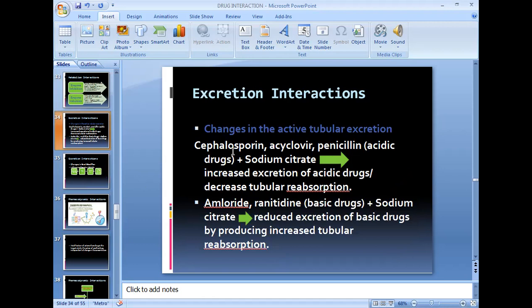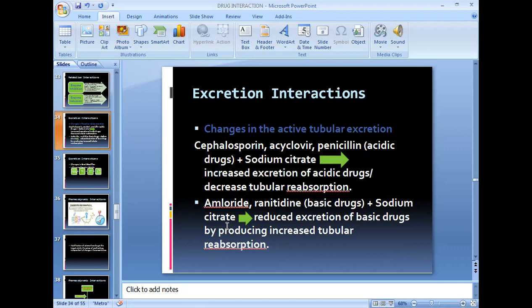So acidic drugs like cephalosporin, acyclovir, penicillin, when taken with sodium citrate, which is responsible for increasing the pH, will have increased excretion, since acidic drugs require acidic medium for excretion. But in case of sodium citrate, which is causing increased renal pH, there will be increased excretion of such drugs, and their effect will be reduced because of decreased tubular reabsorption and increased excretion.